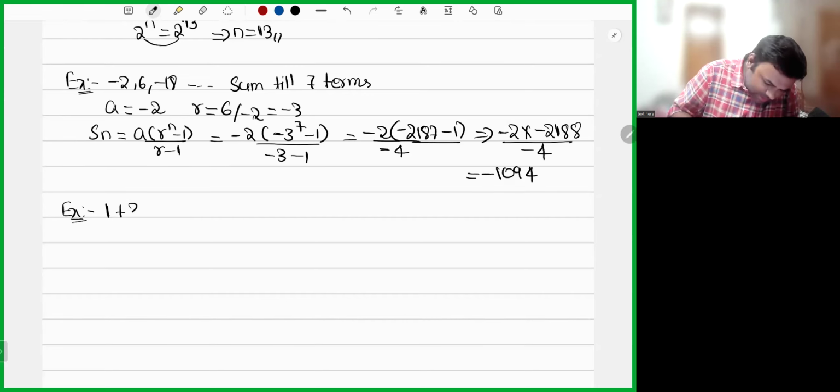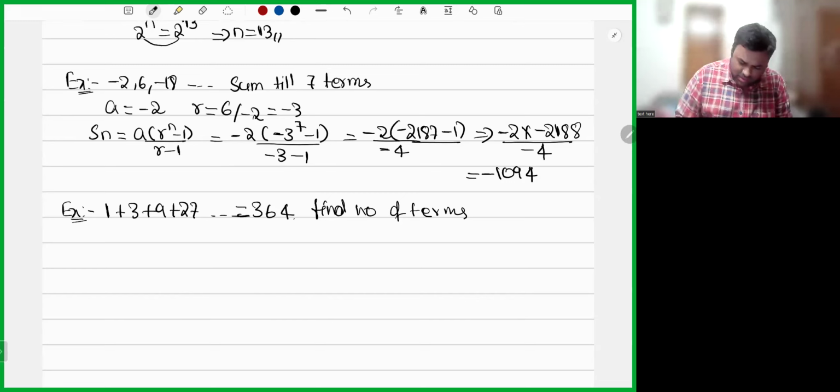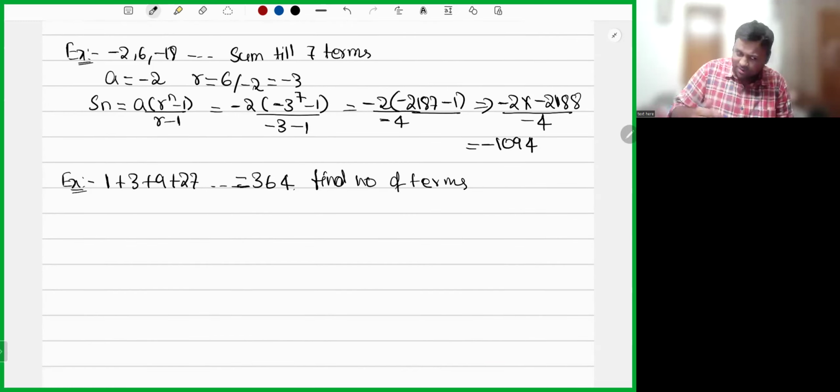Example. 1 plus 3 plus 9 plus 27 and so on is equal to 364. Find the number of terms. Again, same question. How will we calculate, my dear friends? Simple. What is the Sn formula?